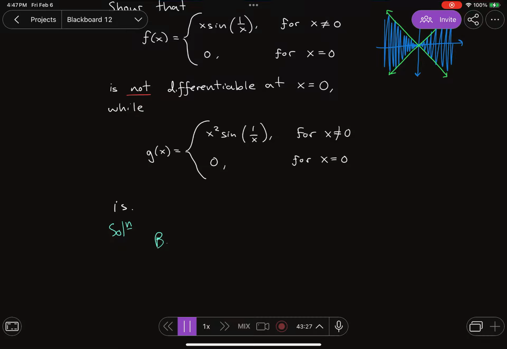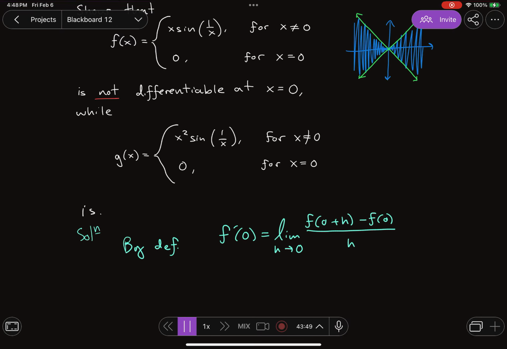By definition, f prime of 0 is equal to the limit as h approaches 0 of f of 0 plus h. Again, this is definition. Minus f of 0, all divided by h.